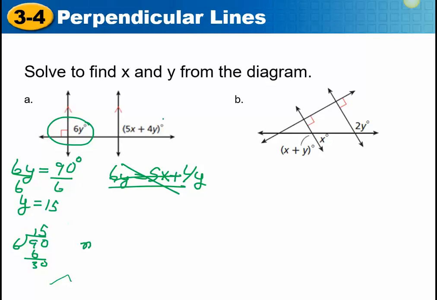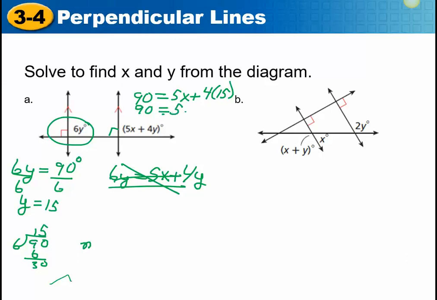Now that we know what y is, we can say, if you have parallel lines and one of them is perpendicular to a transversal, then so is the other. So this is also perpendicular. So that means that 90 is also equal to 5x plus 4y, but now we know that y is 15. So we're going to solve this for x.